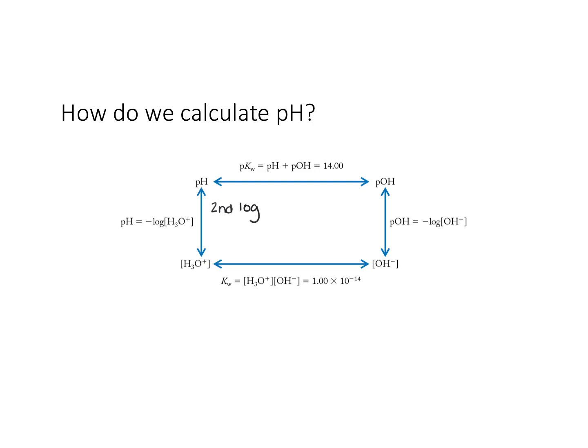What that looks like on my calculator, when I look at the second there, is a 10 to the x. Now that's not to be confused with scientific notation. So to figure out that H3O+ concentration, you would hit second log and it would be 10 to the, and you need to put in the negative pH, and that will tell you the concentration.